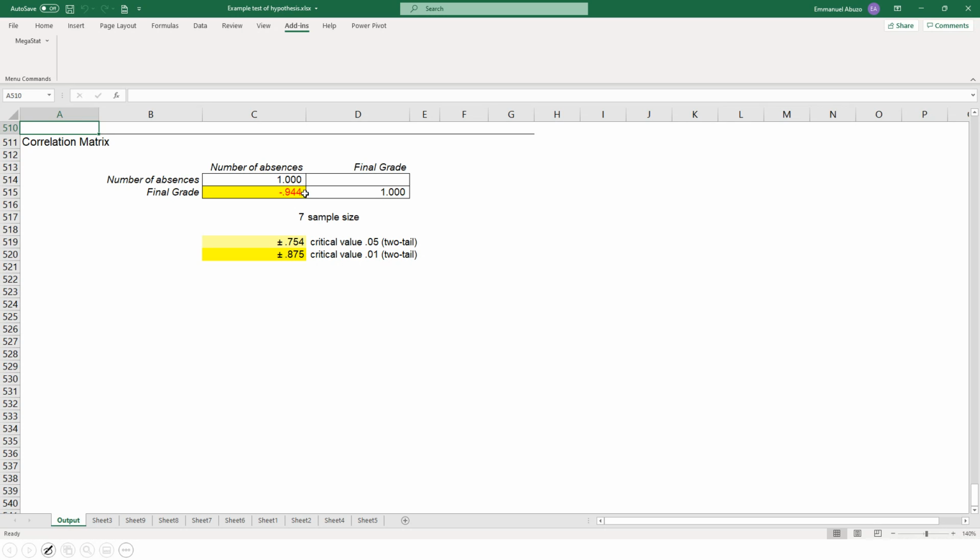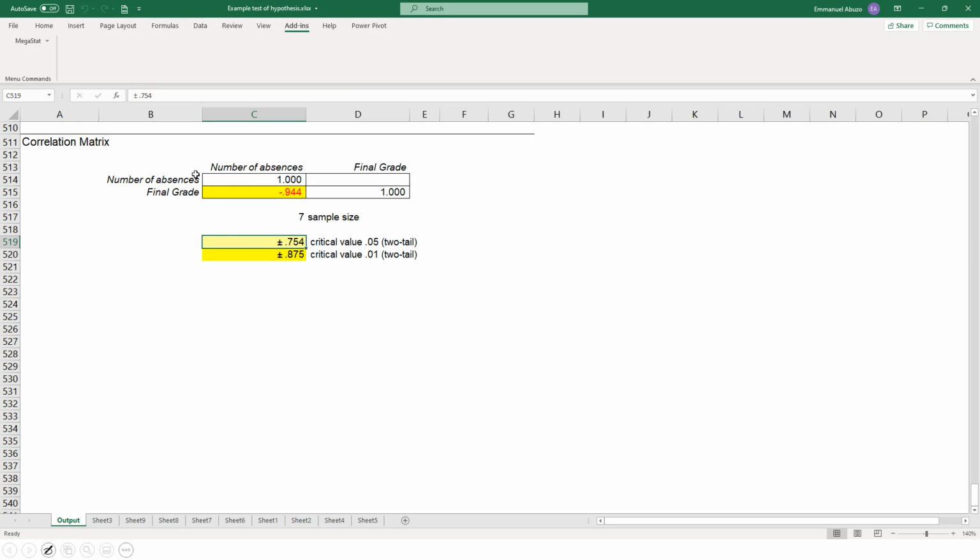If in this cell the color of the font is red, then that means there is a negative relationship. But if the color of the font is black, therefore there would be a positive relationship. Now, if the cell has the color of this one, it means it is significant at 0.05.